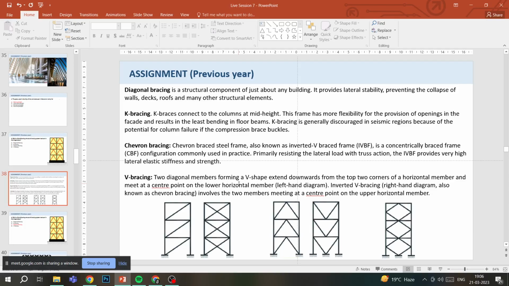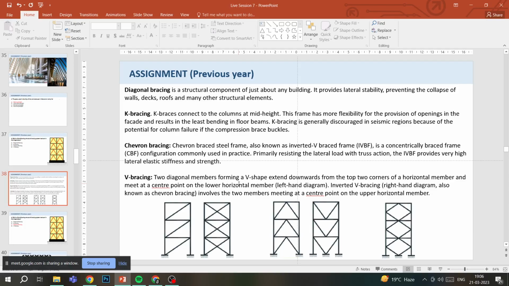So chevron bracing basically looks like an inverted V, and V bracing, as the name suggests, looks like a V. In chevron bracing, from the edge where the column and floor are joined, the brace goes to the mid center of the floor above and then down. In V, the upper edge goes down to the floor and then up. So that's how V and chevron look.